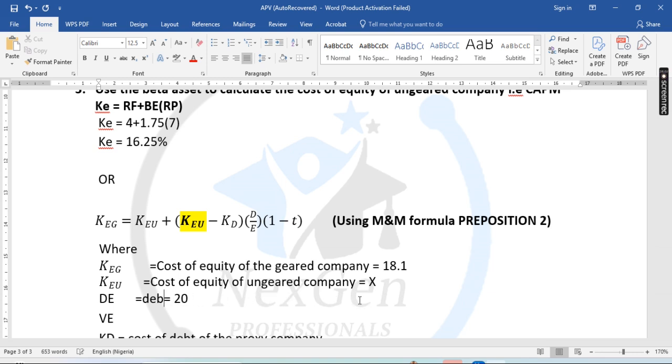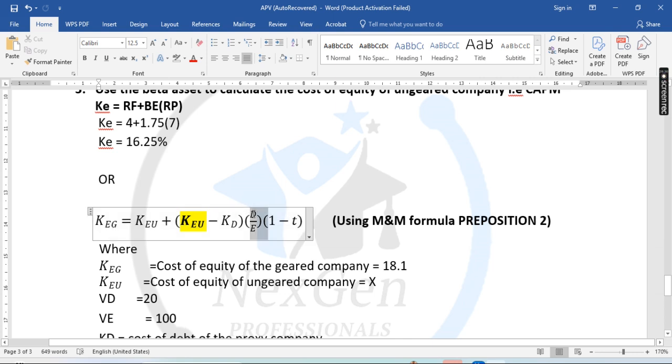Let me use VE, not VD, okay, VD, then VE. That is debt. So equity will be 100.